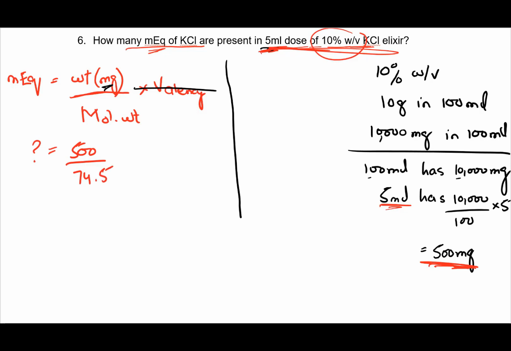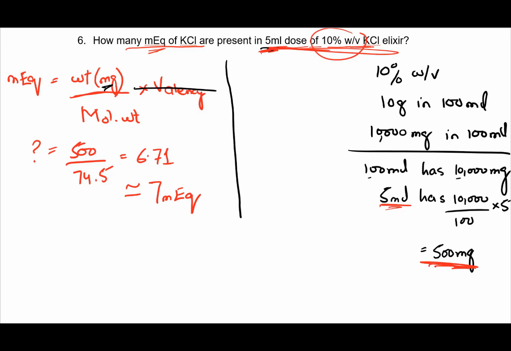Usually in SPLE questions it will be given, but KCl is very commonly used, so you should know that 74.5 is the molecular weight of KCl. So just calculate this, and it turns out to be 6.71, and we can round it up to 7 milliequivalents.